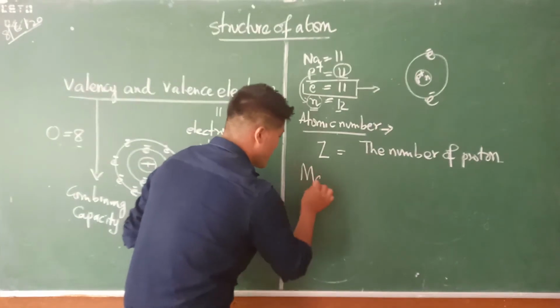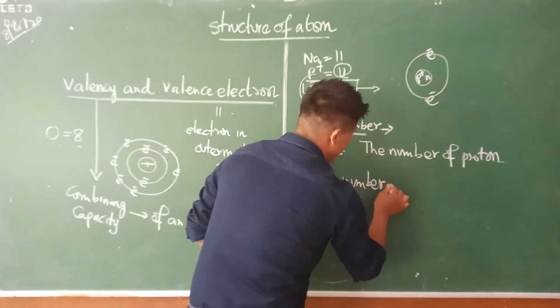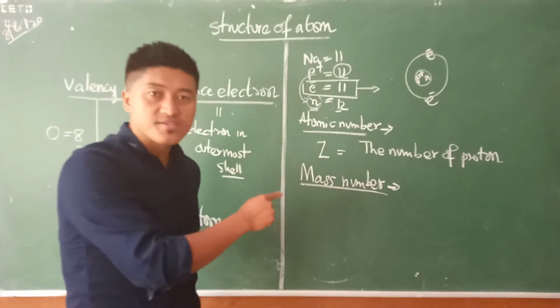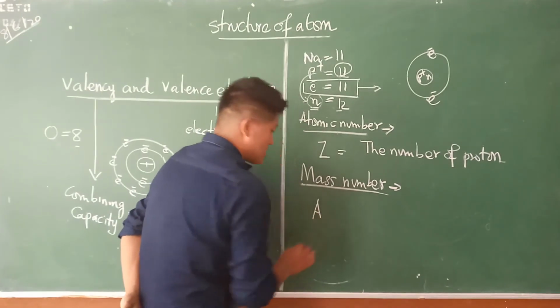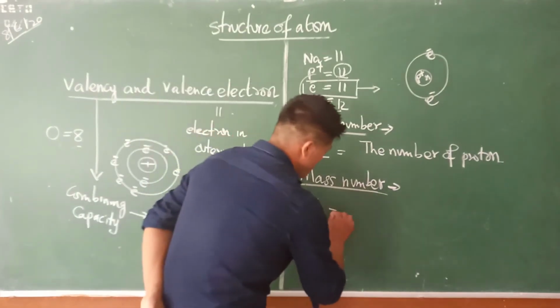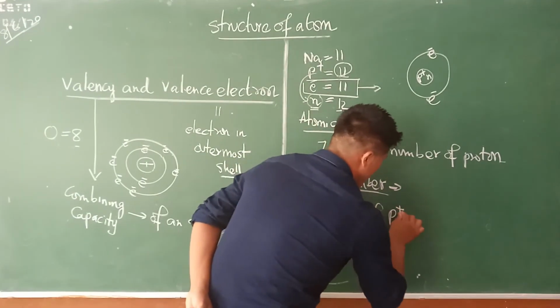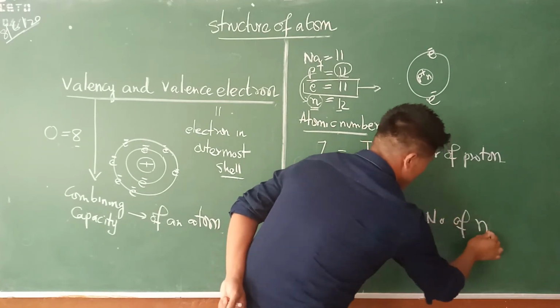Okay? I'm going to write here: mass number. I guess we have already discussed that in the previous class. Symbolized by the letter A, which is equal to number of protons plus number of neutrons.